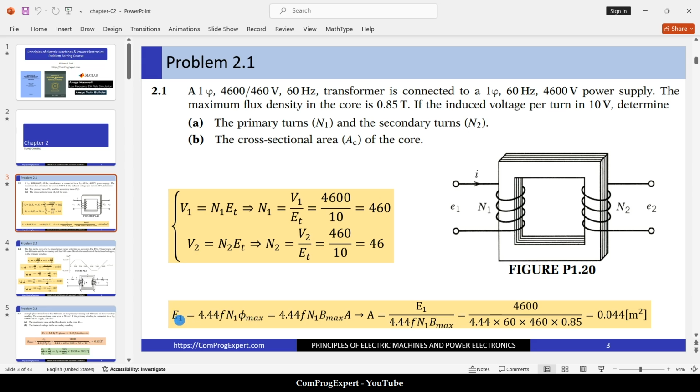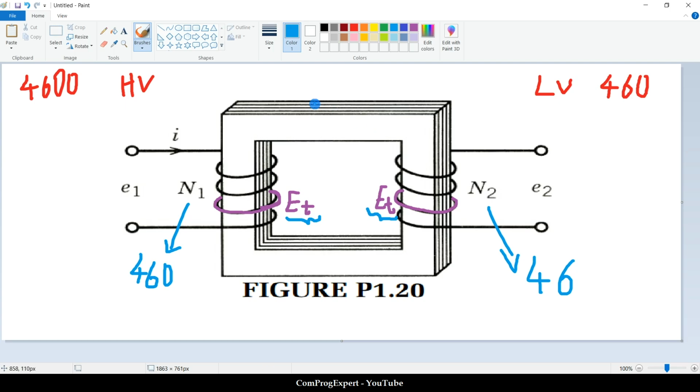This is E1, the RMS value of the voltage of the high voltage side, equal to 4.44 F, the frequency, that is 60 hertz, times N1, the number of turns that we calculated in part A, times phi max. Phi max is the maximum flux in the core, right?